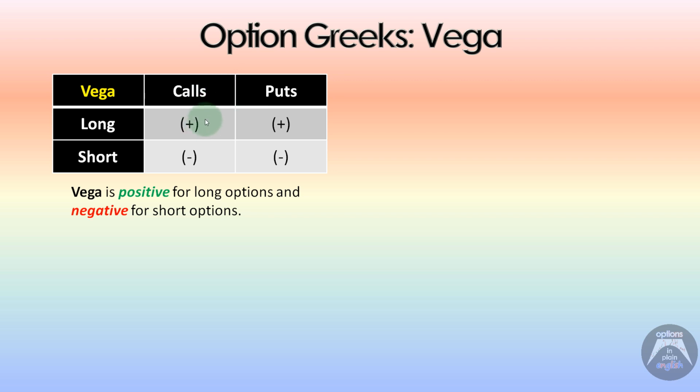Therefore, your option should be more valuable, and this is reflected in the option premium. If you're long options and implied volatility goes higher, then you're going to benefit no matter whether you have calls or puts. If you're short options, you're going to be affected negatively by implied volatility going higher and Vega acting on your position.